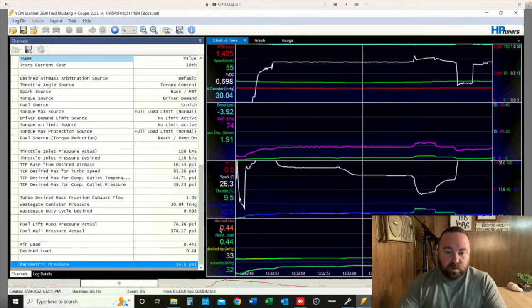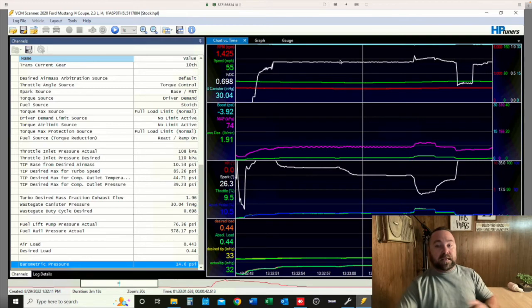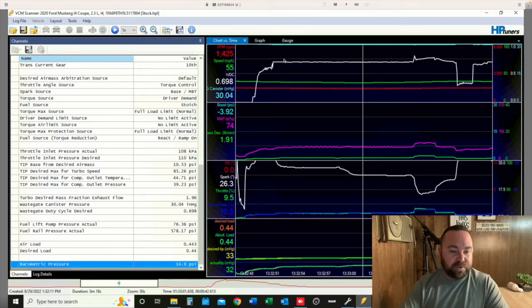All right, so we've got desired air load, absolute load, desired TIP, and actual TIP in a table. We've got knock, spark, the throttle blade, and torque pedal or accelerator pedal. Boost, MAP, and desired airflow in another one, RPM, miles per hour, wastegate duty cycle, and canister pressure for wastegate tuning.